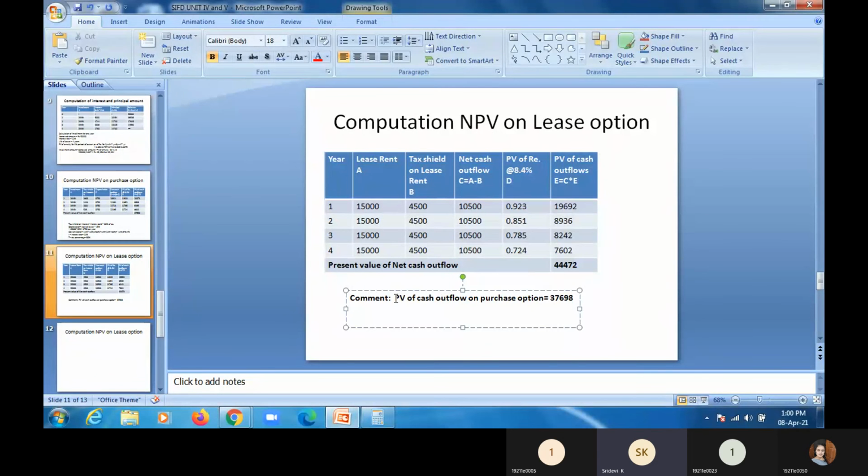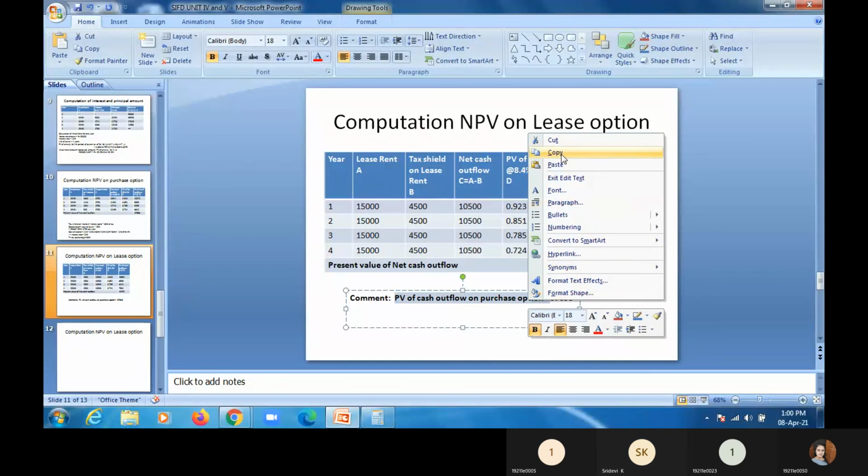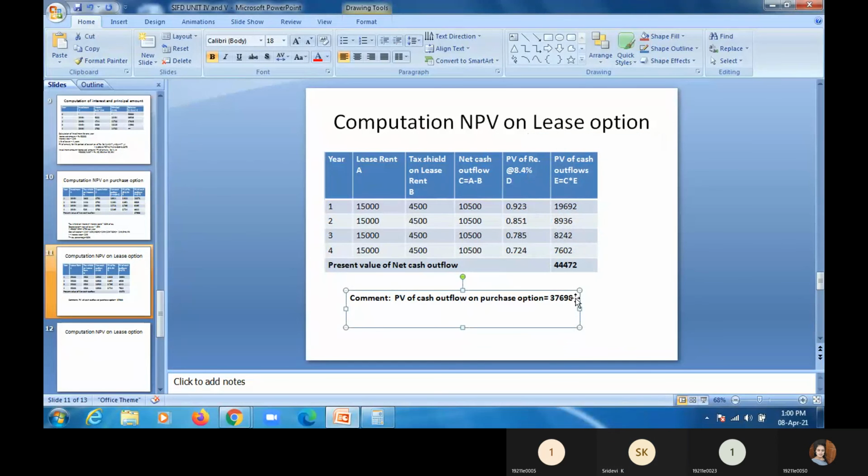And on lease option, it is equal to rupees 44,472.